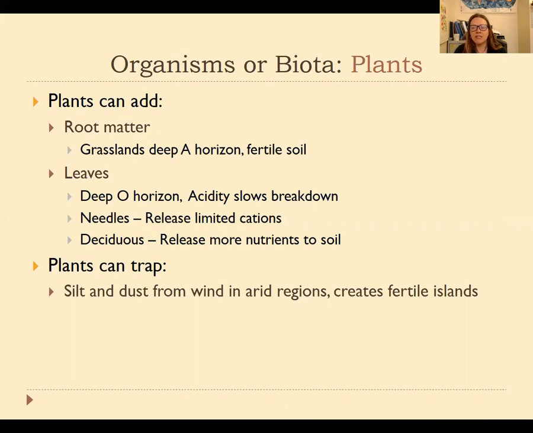So pine needles tend to contribute more limited nutrients, or in this case, what our textbook is referring to as cations. So we'll do some more chemistry review later, but an ion is, remember, an atom that loses or gains electrons to have a charge, and a cation is one that has lost some electrons to have a positive charge.